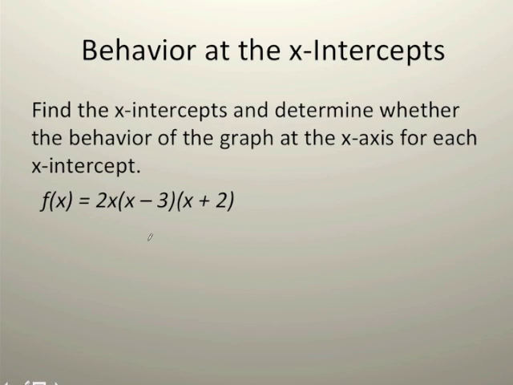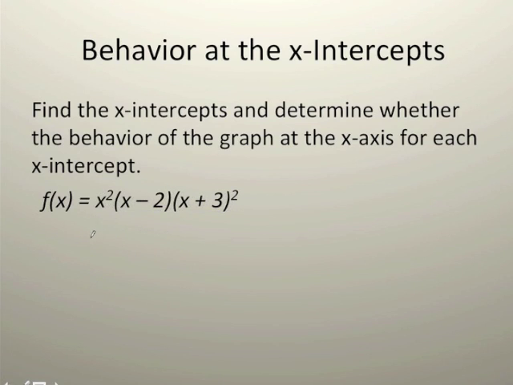Well, this is in factored form, and this first 2x factor will tell us that x equals 0, and it's only once, so it crosses. This will tell us that x equals 3, and it's only once, so the graph crosses. And this is x equals -2, again only once, so the graph crosses at all three of these.